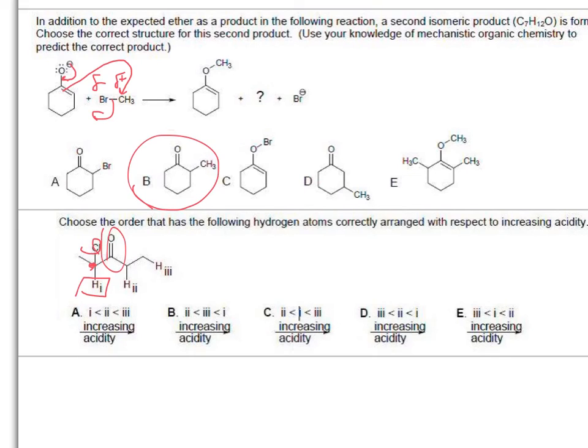So the one where H1 is most acidic, so I have two choices. One is B, the other is D. Notice 3, which is connected to no electron withdrawing group, so that should be the least acidic, and that is your appropriate answer. All right.